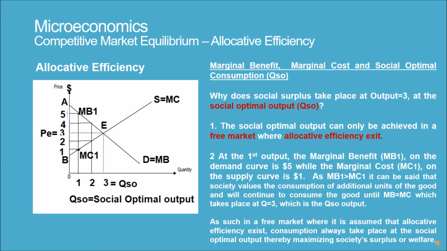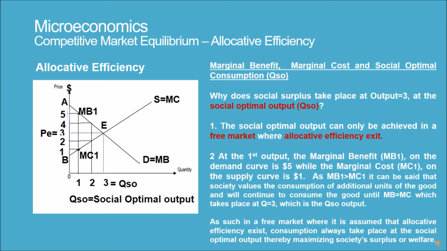1. The social optimal output can only be achieved in a free market where allocative efficiency exists. 2. At the first output, the marginal benefit, MB1, on the demand curve is $5 while the marginal cost, MC1, on the supply curve is $1.